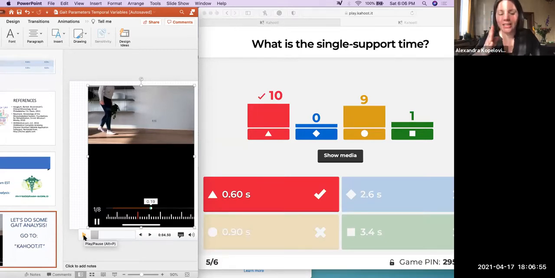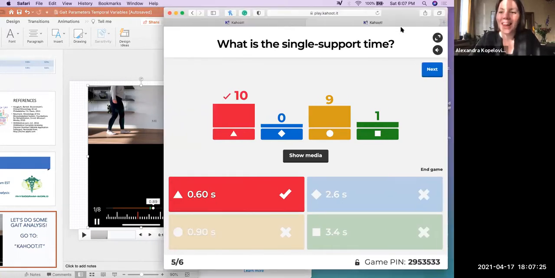I start at the contact of the right foot, but here we begin with a double support time. So that's a tricky part. Here we need to mark this point when the left foot leaves the ground. It's 0.26 seconds. And mark when the left foot hits the ground again. It's 0.89 seconds. So 0.89 minus 0.26 is going to be 0.63, about 0.6. And that's exactly the value that we're getting here. Okay, last one.